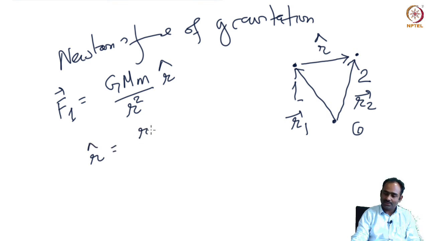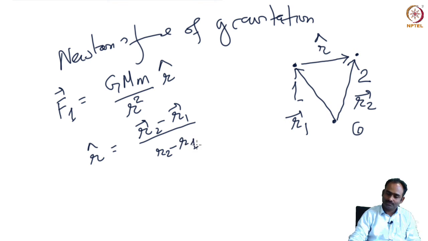It will be r2 minus r1, you see this is r2, r1 if you subtract, this is what you'll get, over modulus of r2 minus r1. That's the magnitude of it. So that's why this is a unit vector, and this r is just modulus of r2 minus r1, squared.